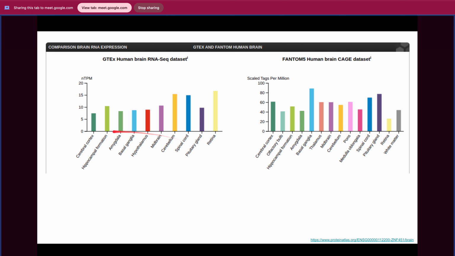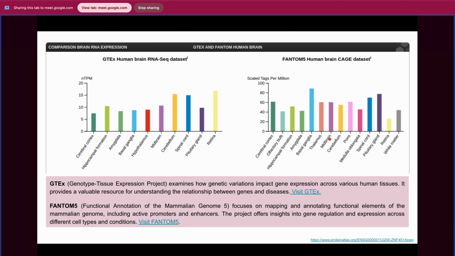In GTEx also, if we talk about the expression information, it is expressed in all these regions of the brain. Similarly, there is the FANTOM5 human brain CAGE dataset, but let's first explore what GTEx means. GTEx is the Genotype-Tissue Expression project, which examines how genetic variations impact gene expression across various human tissues, and it provides a valuable resource for understanding the relationship between genes and disease.